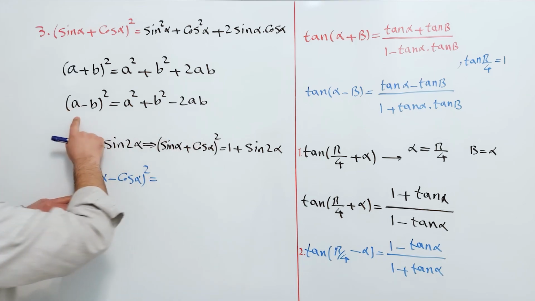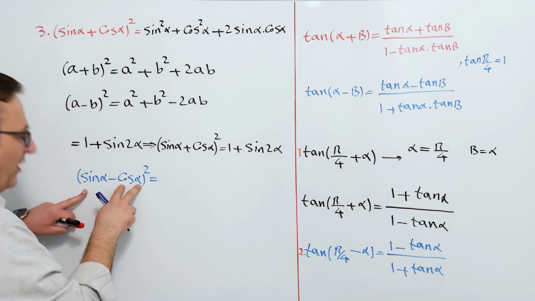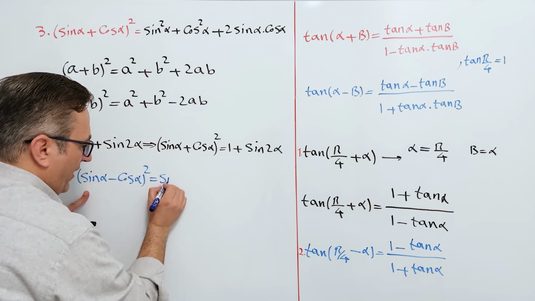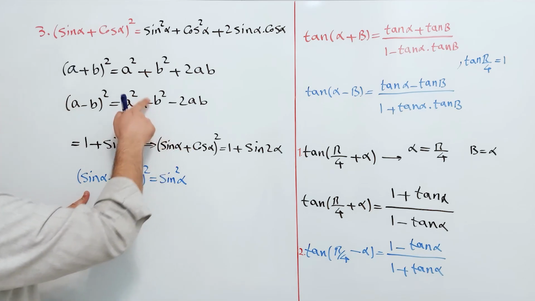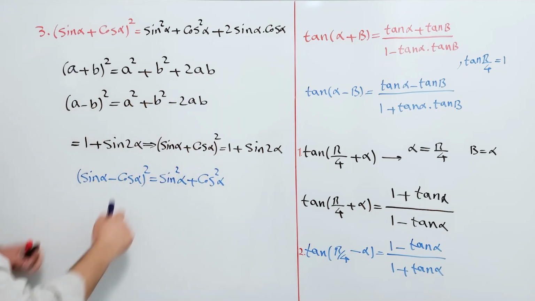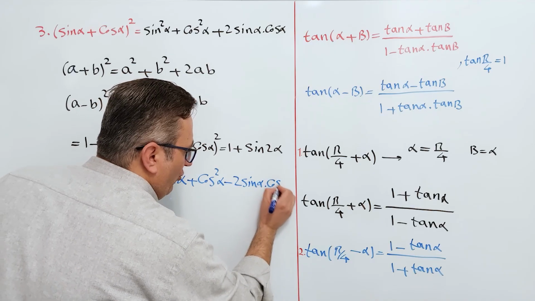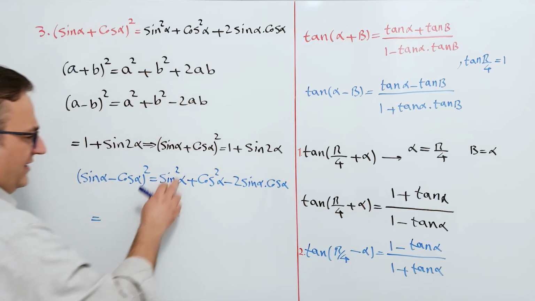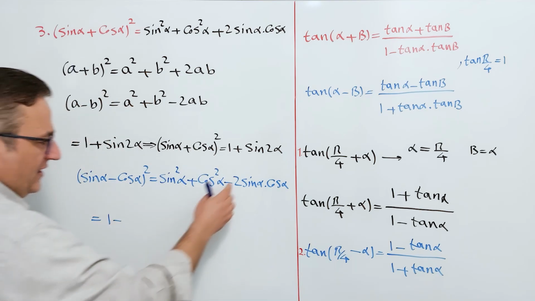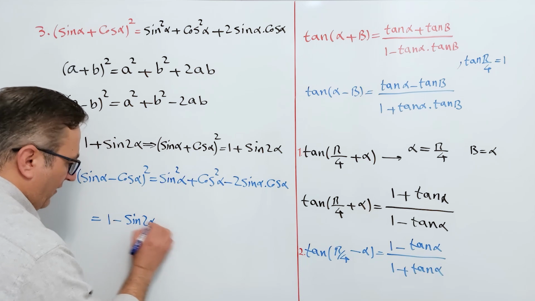According to this formula, if we consider this part as A and this part as B, we have A squared, it means sine squared alpha plus cosine squared alpha minus 2AB, minus 2 sine alpha times cosine alpha, which is equal to 1 minus 2 sine alpha times cosine alpha, which is sine 2 alpha.